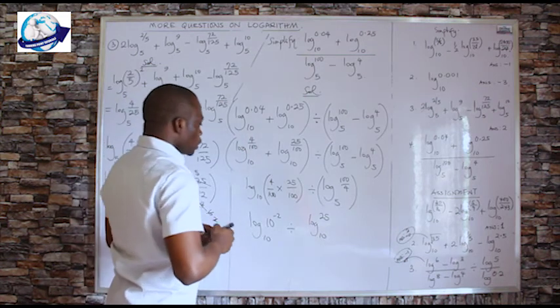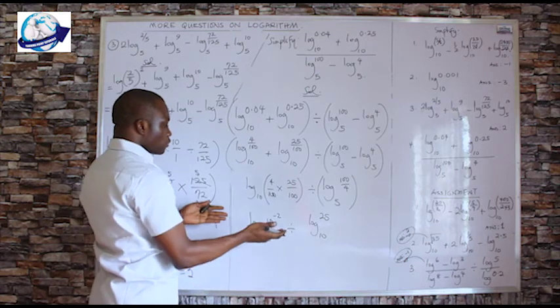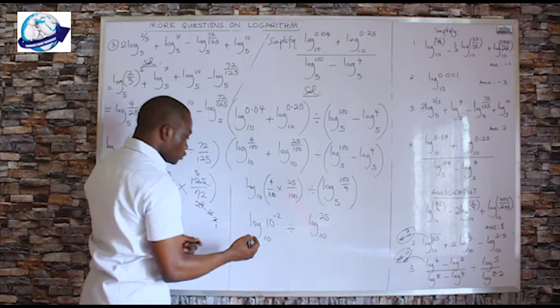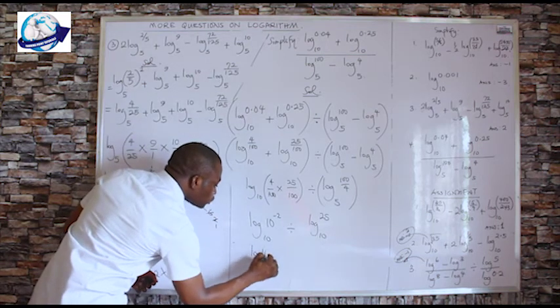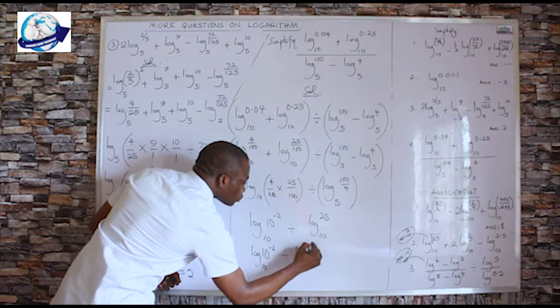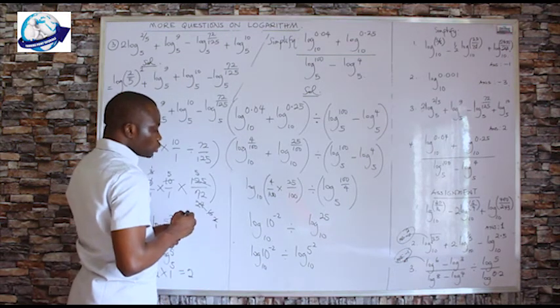Then we are going to look at this properly. You see that you can put this in index form, alright? So you get log 10 raised to the power minus 2 base 10 divided by log 5 raised to the power 2 base 10.